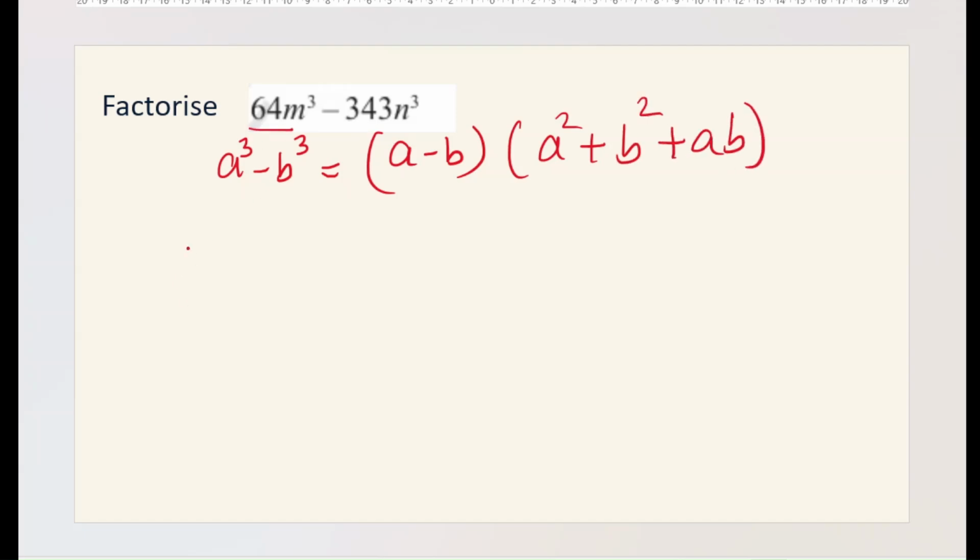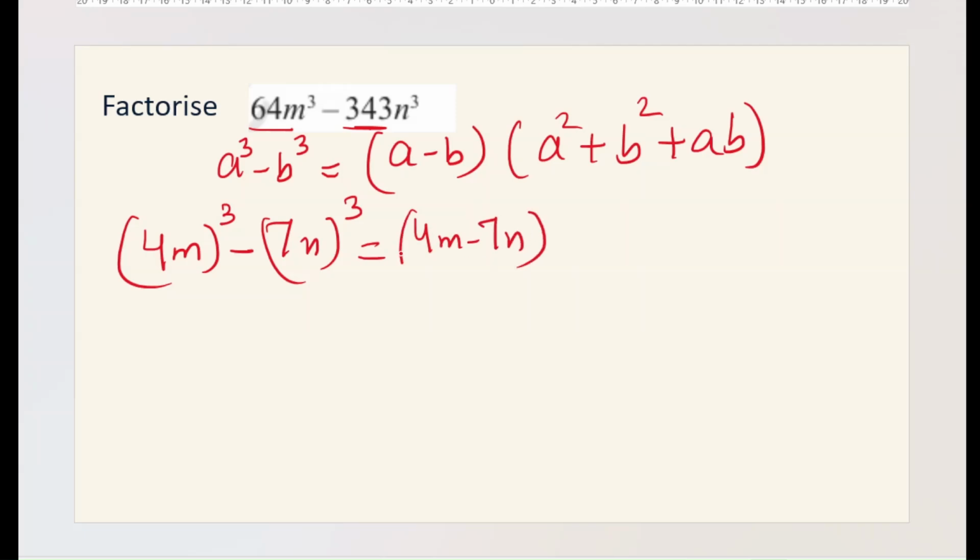Now 64m cube, 64 is 4m whole cube, minus 343, 7 cube, that is 7n whole cube. So that is equals to 4m minus 7n into 4m whole square plus 7n whole square plus 4m multiplied by 7n.